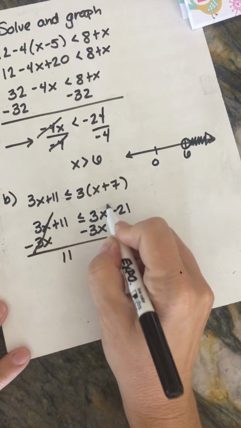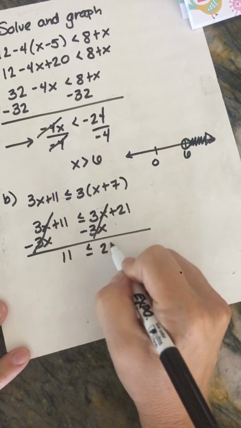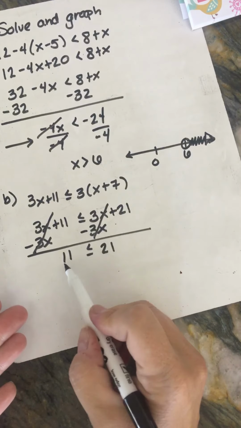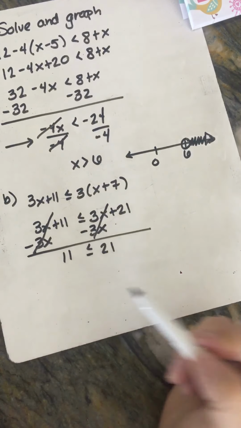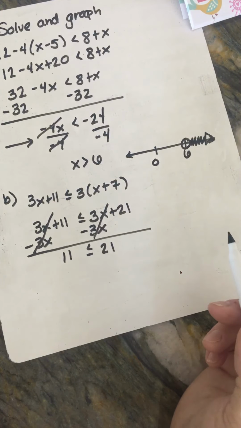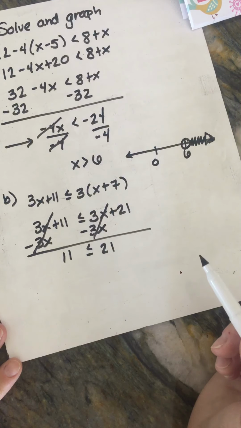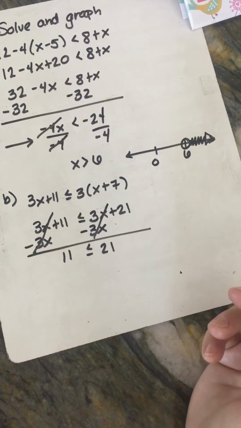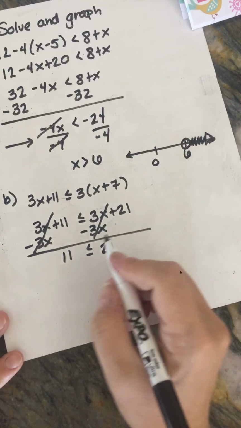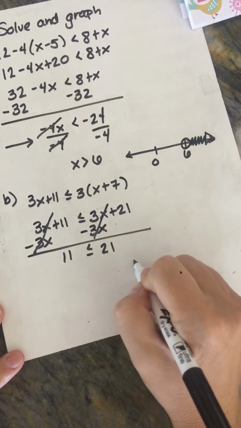So I've got 11 is less than or equal to 21. Now, it seems weird because they're not the same value, right? It's not the identity property here like it was before. But is 11 less than or equal to 21? Or when is 11 less than or equal to 21? Always. So this would be any real number or any solution.